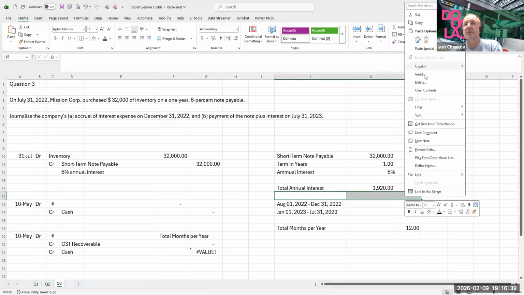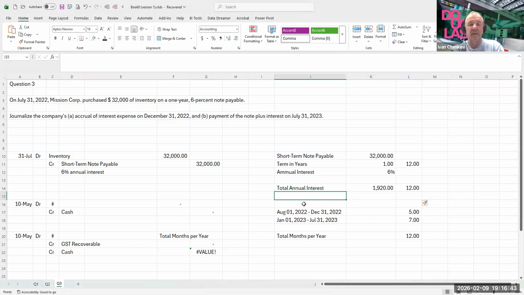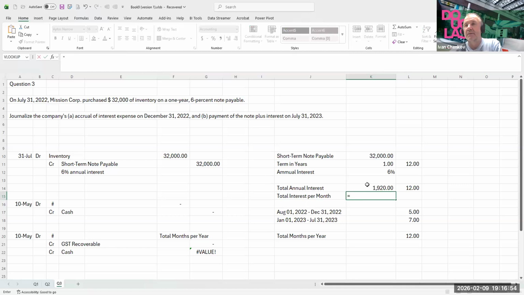Or interest per month only. Let's push it down. How much will the total interest per month be? This number divided by 12, correct? 160 per month.